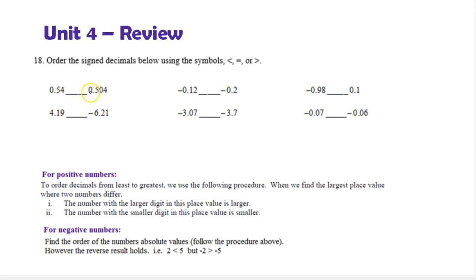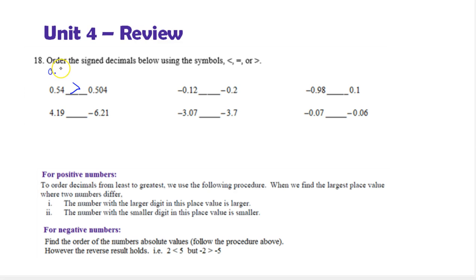So here we have 0, 0, they're the same. After the decimal we have 5, 5, they're the same. In the hundredths place we have 4 and 0, they're different and 4 is bigger. That means this number is bigger. So I'm going to put greater than, the bigger open part is pointing towards the larger number.